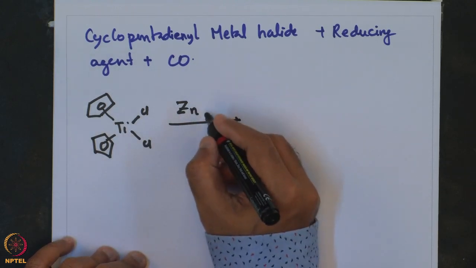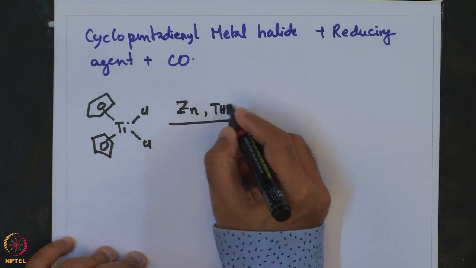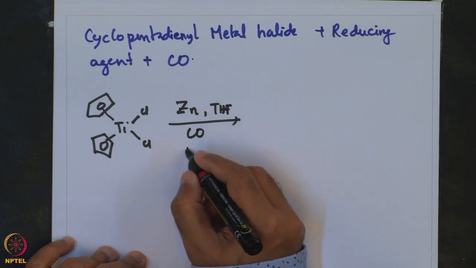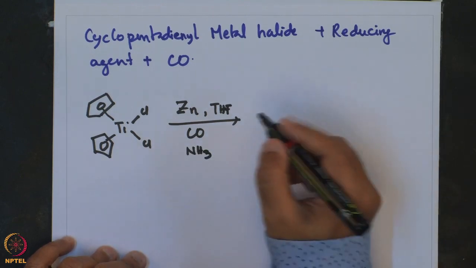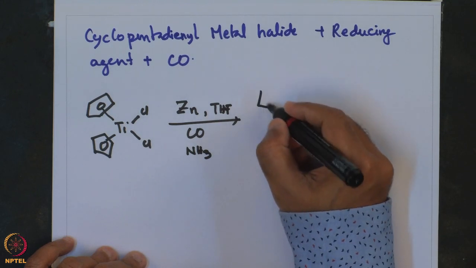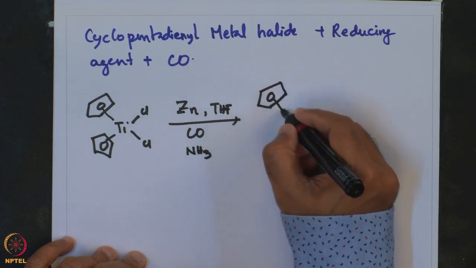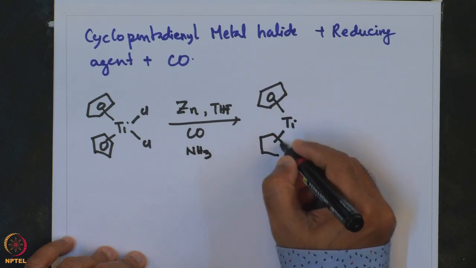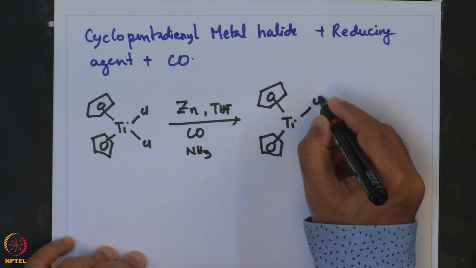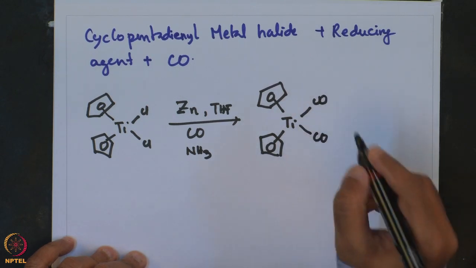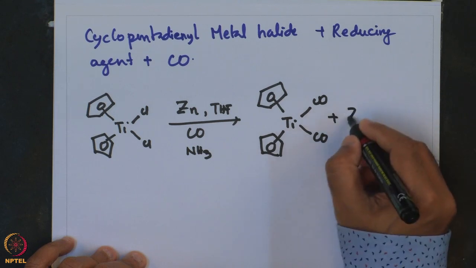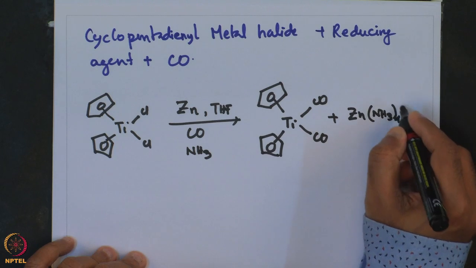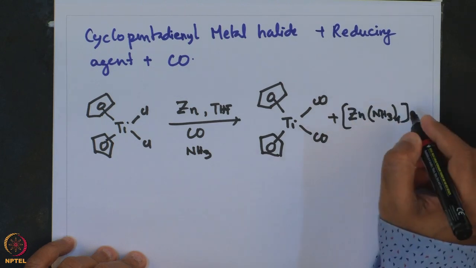The reducing agent is zinc in THF in presence of carbon monoxide, and NH3 gives the desired BCP titanium dicarbonyl compound plus zinc tetramine dichloride.